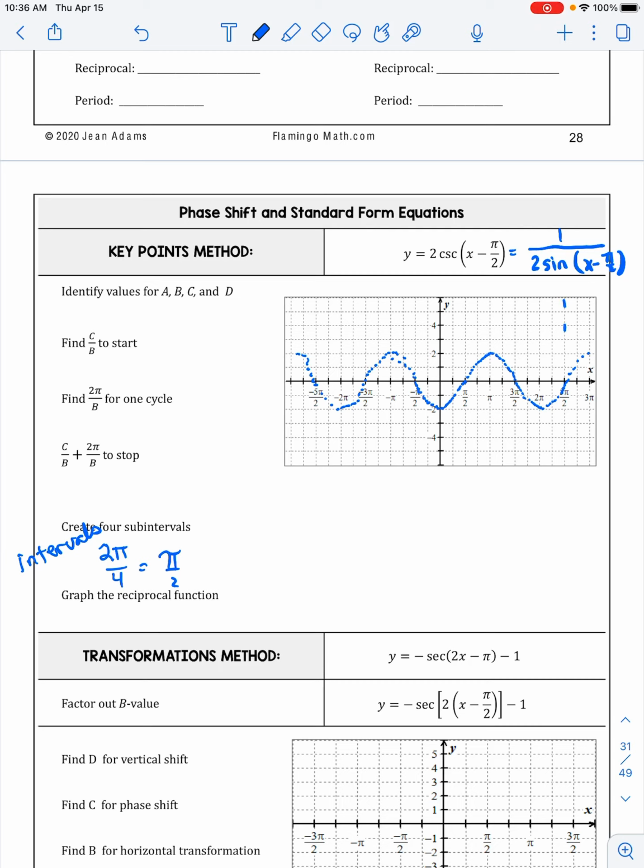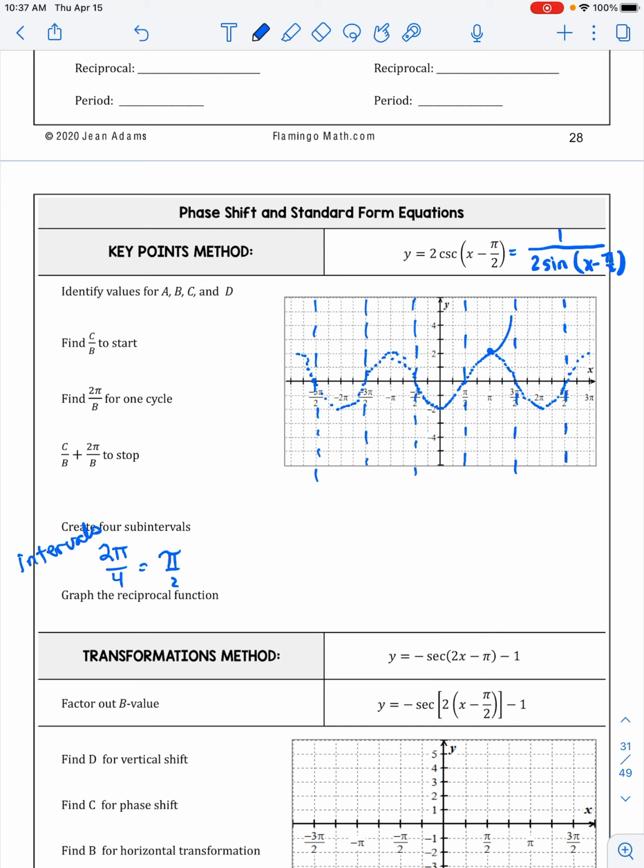And so wherever it's 0, you're going to put your vertical asymptotes in. So my vertical asymptotes are going in at pi over 2, 3 pi over 2, and 5 pi over 2, negative pi over 2, negative 3 pi over 2, and negative 5 pi over 2.